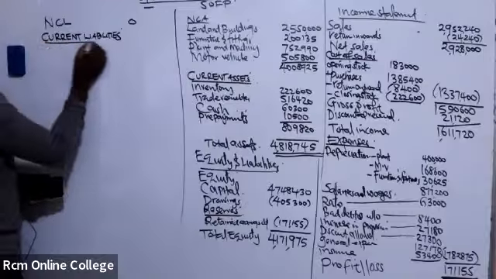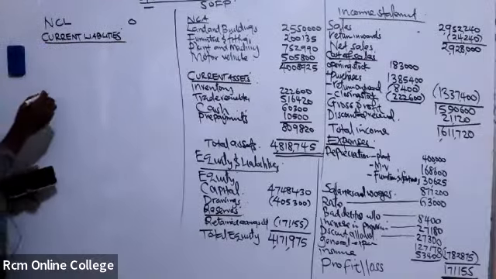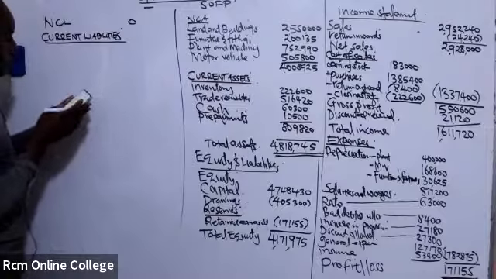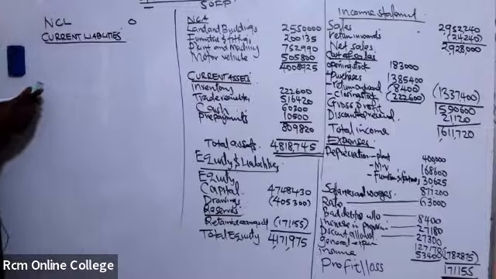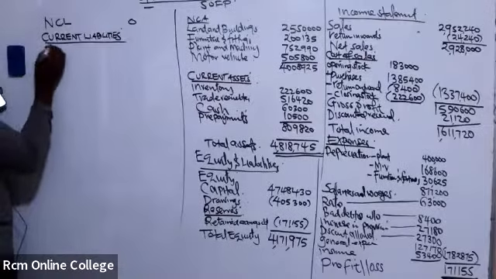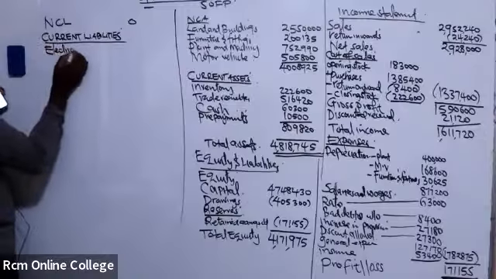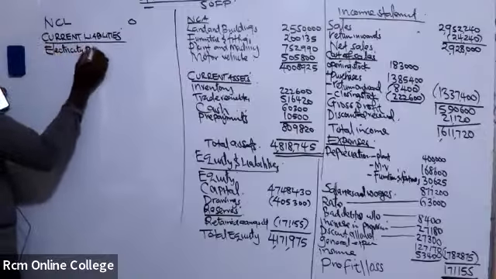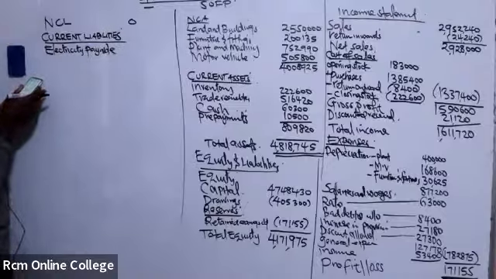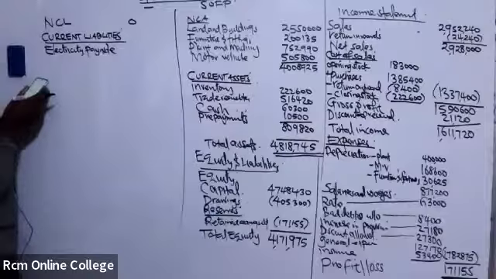So current liabilities, the first one, there's that accrued. Accruals are actually two. Look at number 3, accrued electricity expense. So electricity payable, right? We have that one. How much was it? Electricity payable was 5,370.